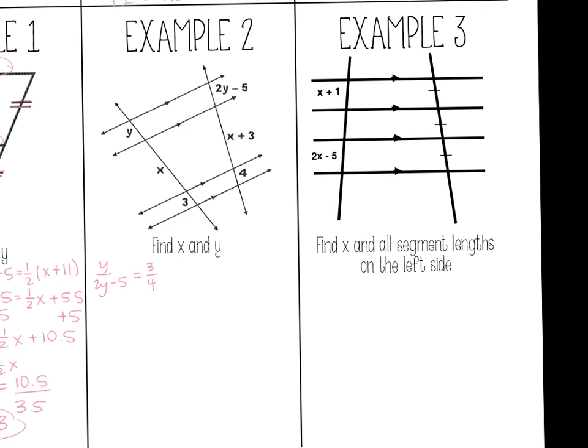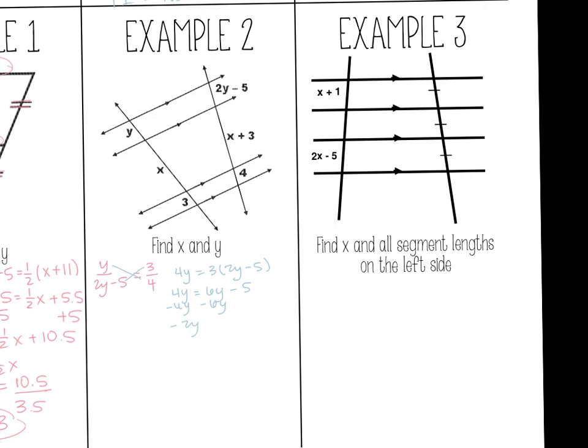Now to solve, I cross multiply. That leaves me with 4y equals 3 times 2y minus 5. 4y equals 6y minus 15. Subtract 6y from both sides.